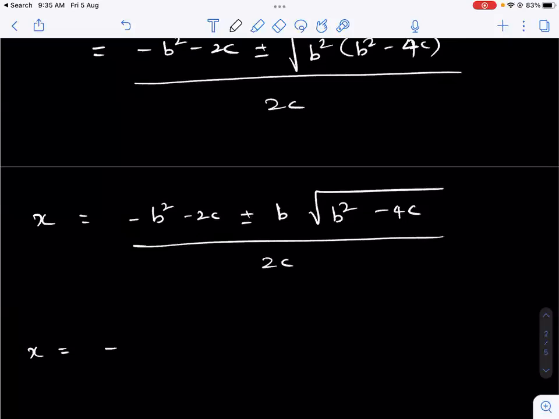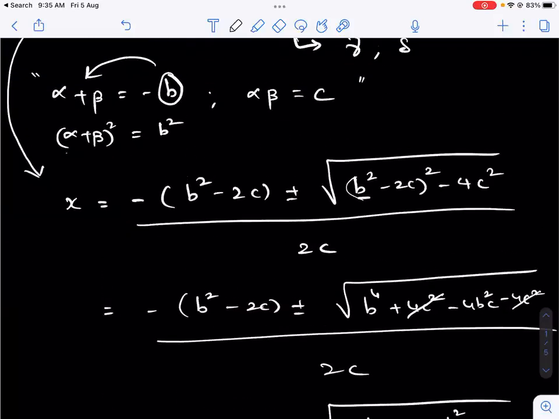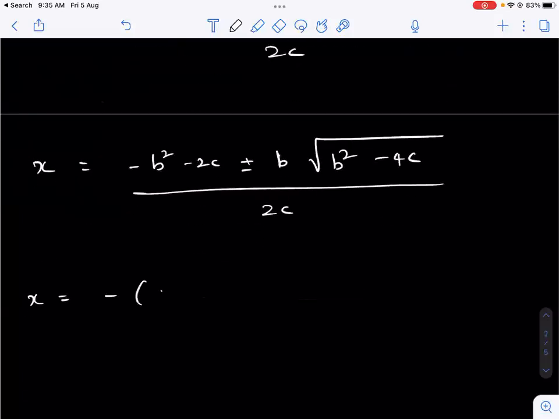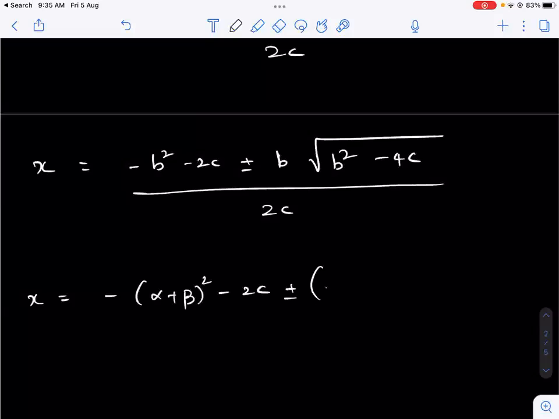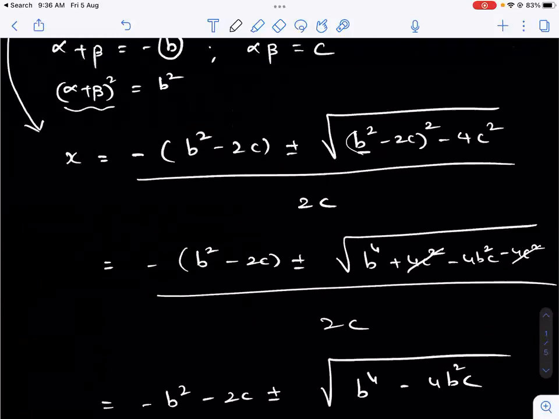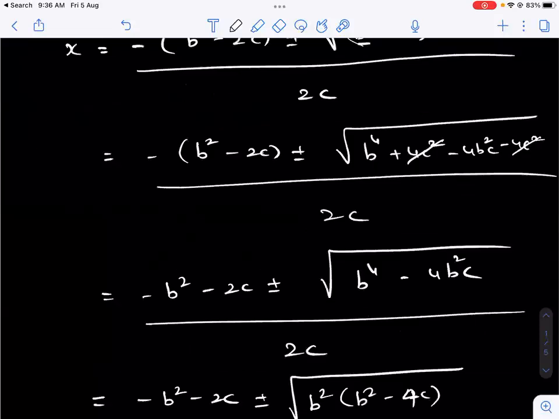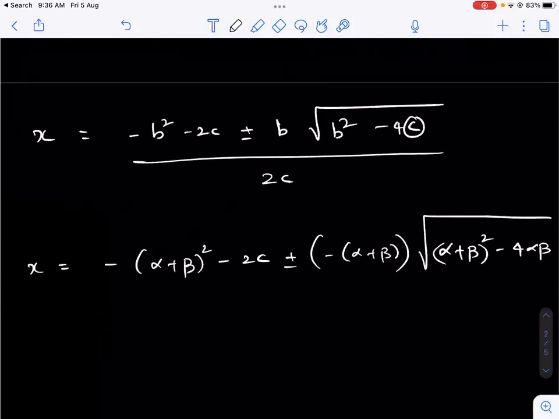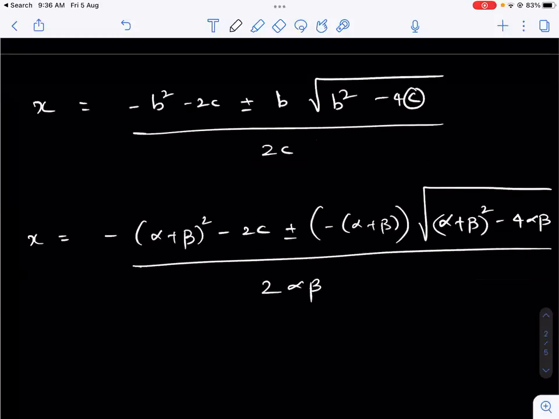So x is equal to minus. Now you start substituting the values. b square is alpha plus beta the whole square, minus 2c. b is minus (alpha plus beta), into root of b square, which is alpha plus beta the whole square, minus 4 alpha beta. c is alpha beta, so in the place of c I replace it with alpha beta, divided by 2 times alpha beta.